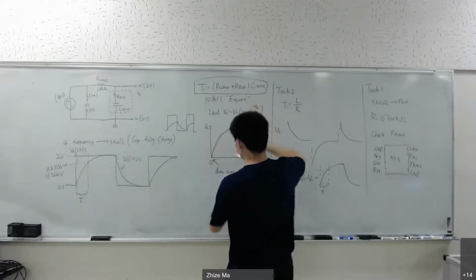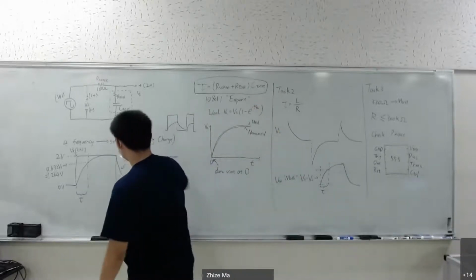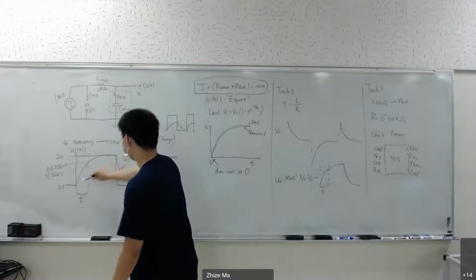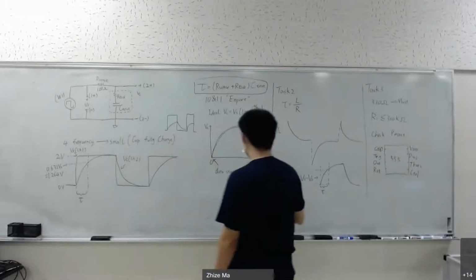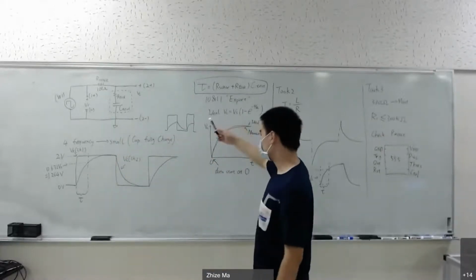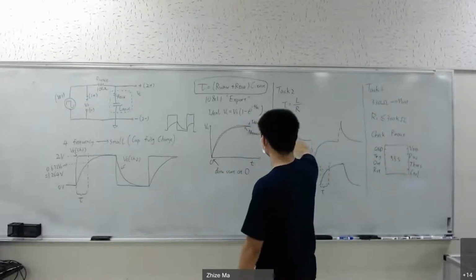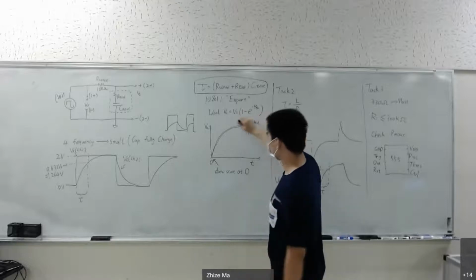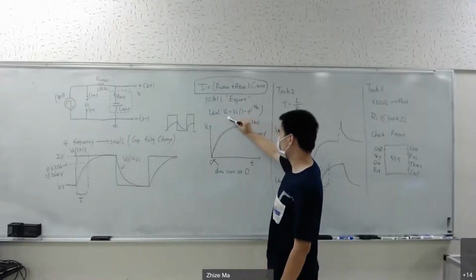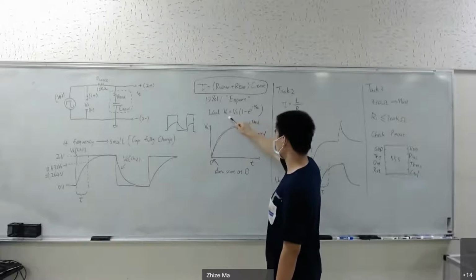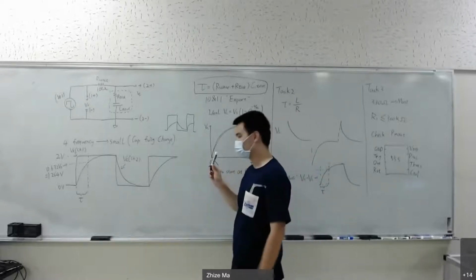The measured data is the data on your waveform oscilloscope. Then you can use MATLAB or Excel to plot the ideal data. This is the ideal voltage across the capacitor, and this is the equation. You can use this equation to do the ideal plot.